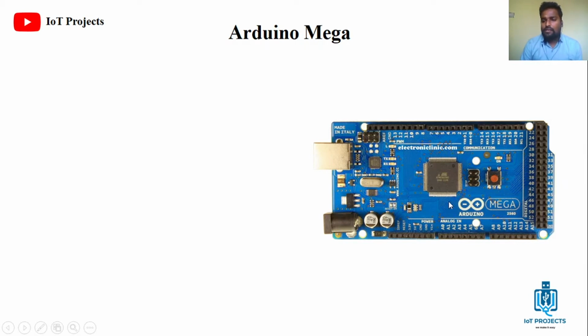On the Arduino Uno we were using the Atmega 328, but this Arduino Mega is based on a different IC that we will discuss later. And you will notice there are multiple pins, from A0 to A15, so many analog input pins and so many digital pins.